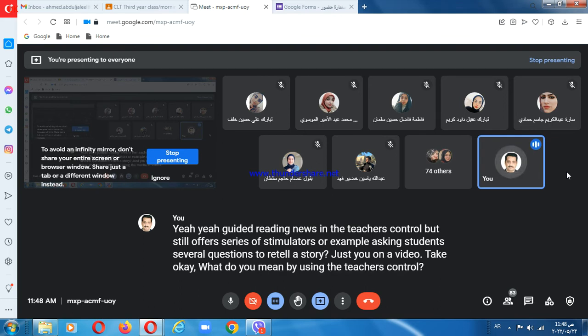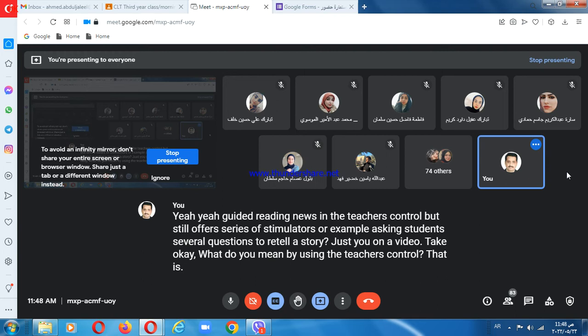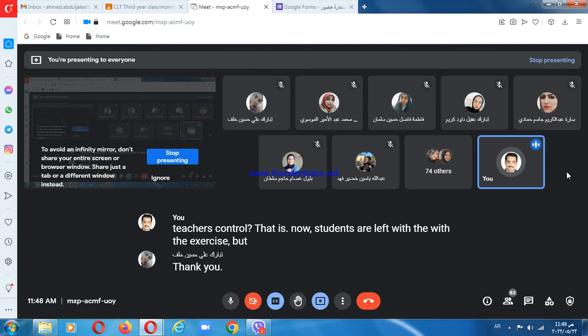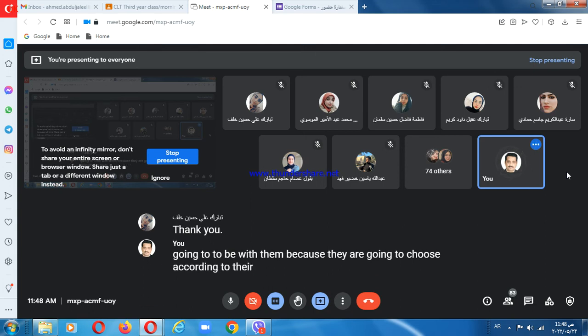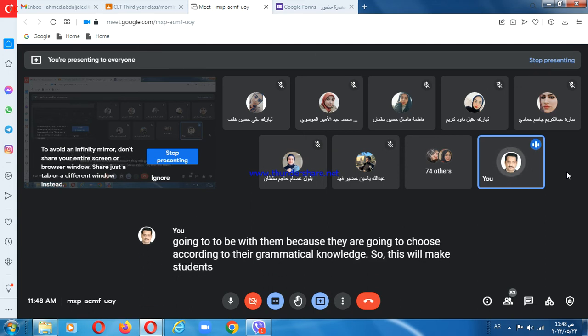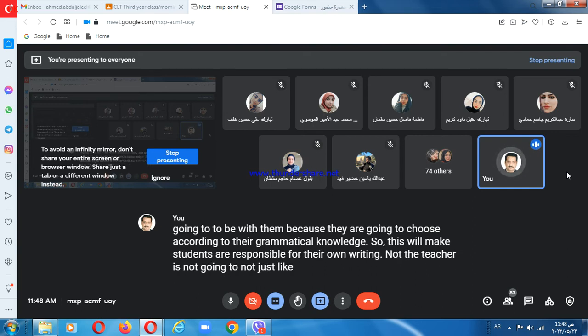That is, now students are left with the exercise, but the teacher is not going to be with them, because they are going to choose according to their grammatical knowledge. So this will make students responsible for their own writing, not the teacher. It is not just like imitation. You know, imitation.